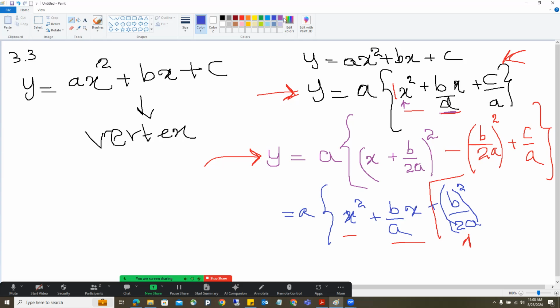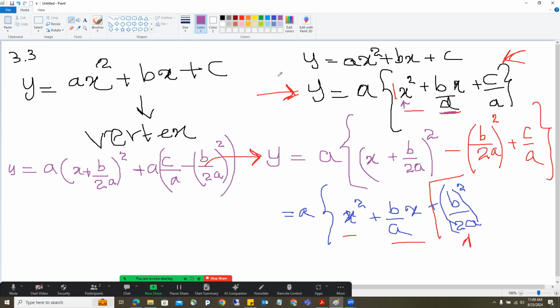If I write this properly, now we have the equation as y equals, multiplying these entire values by a, a times x plus b over 2a completely squared minus, if I write it as plus, I just take this last term first and then write b over 2a completely squared, and then we need to multiply this whole thing by a as well.